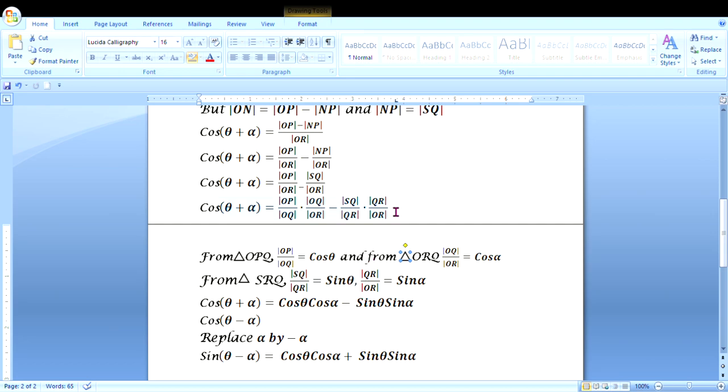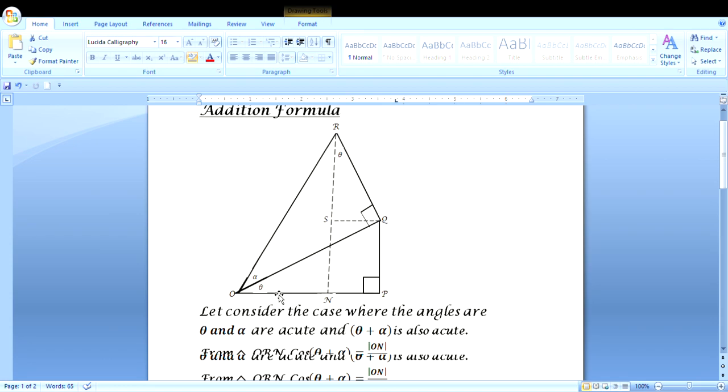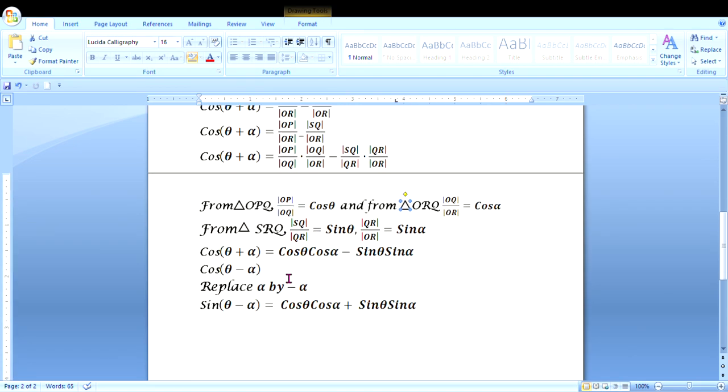Now, let's look at what connects QR and OR. Here we are looking at this angle alpha, and the side RQ is facing it, which is the opposite, and OR is the hypotenuse. That means this is sine alpha. So the line QR divided by the line OR is sine alpha.